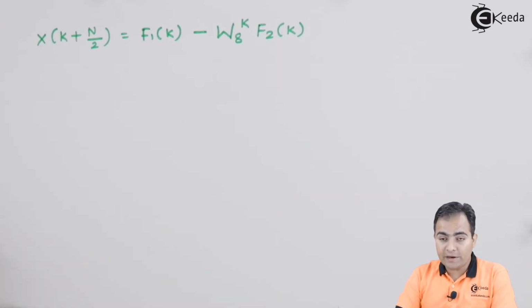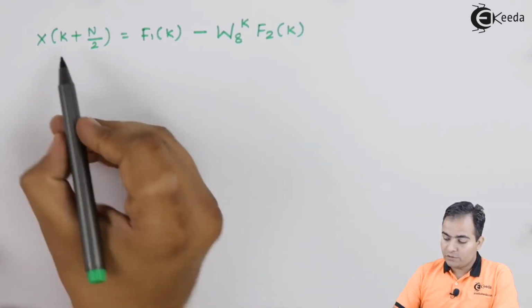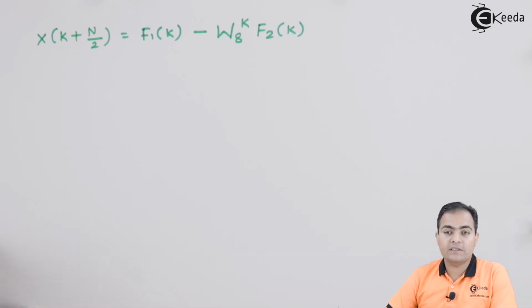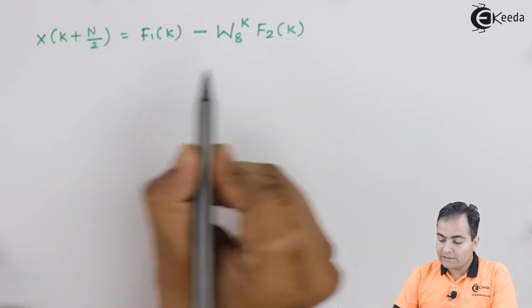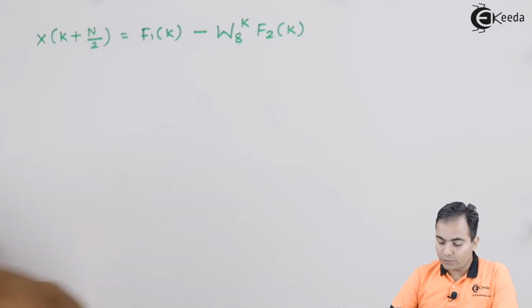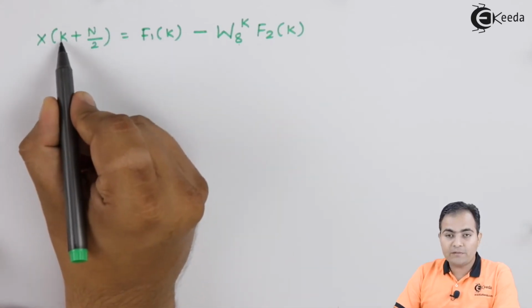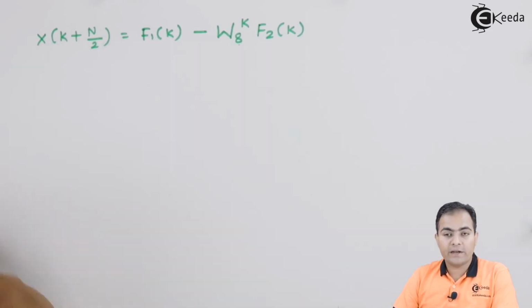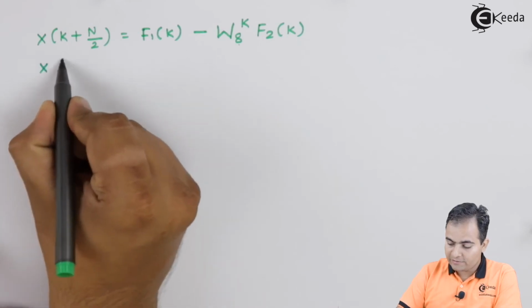Basically we have divided our input sequence into 2 parts, that is even and odd. So if we add the delay in this x of k equation, then we get this answer. Now here, as I said, my n value is 8, so 8 by 2 is 4, which means all the k values will be added with 4.